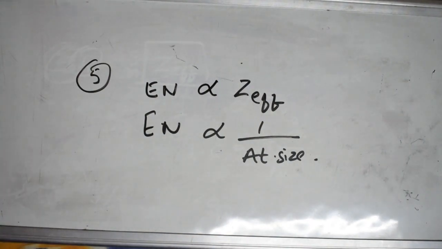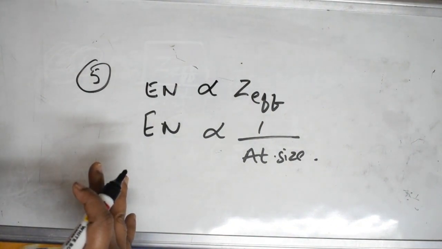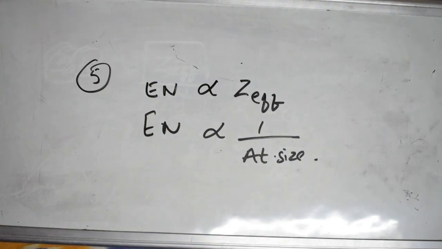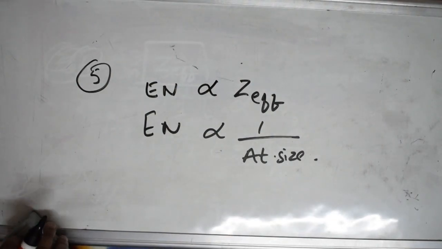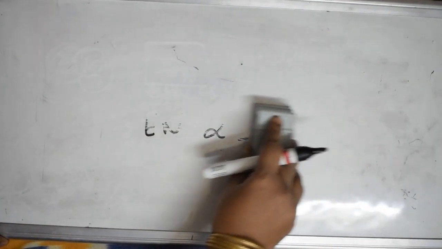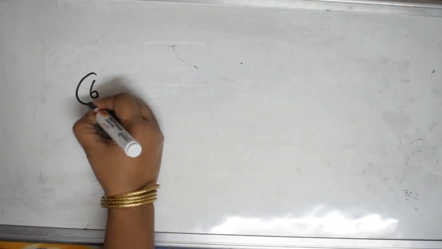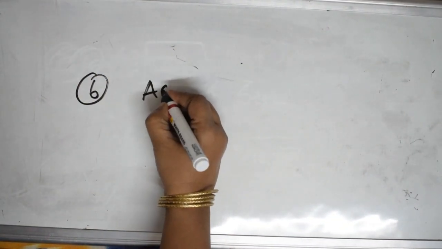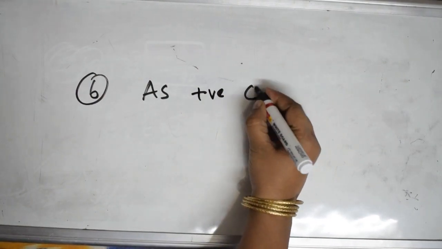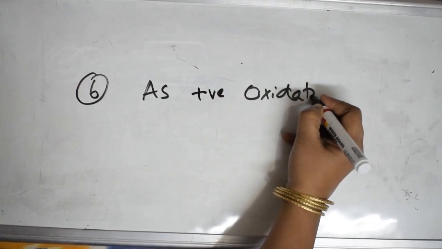Now suppose I have to speak about oxidation state and electronegativity, let's see that. So I'll take out this fifth one and I'll write the sixth one for you all. Just see, in the sixth one, suppose positive oxidation state increases.